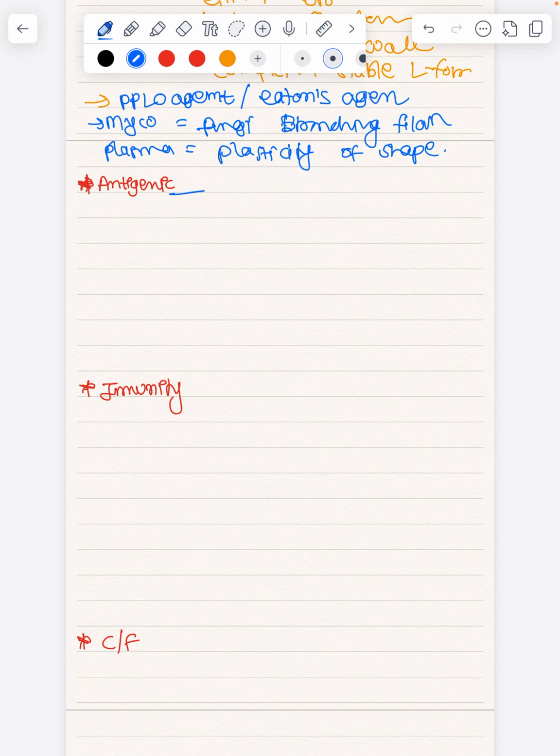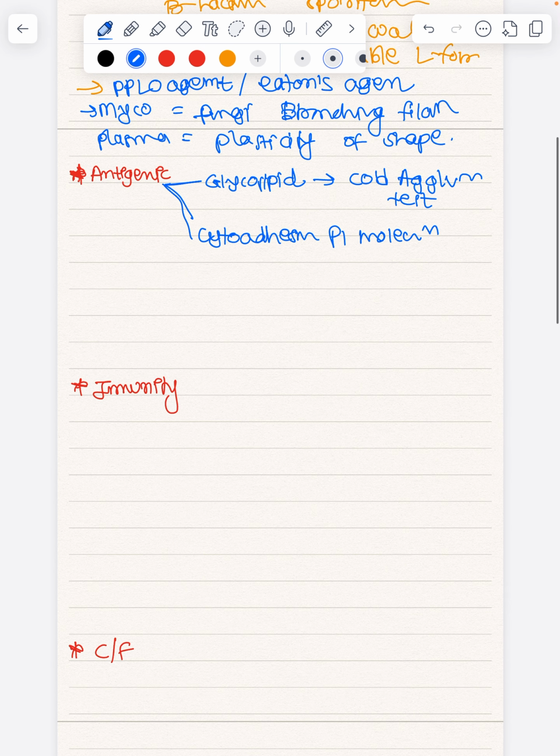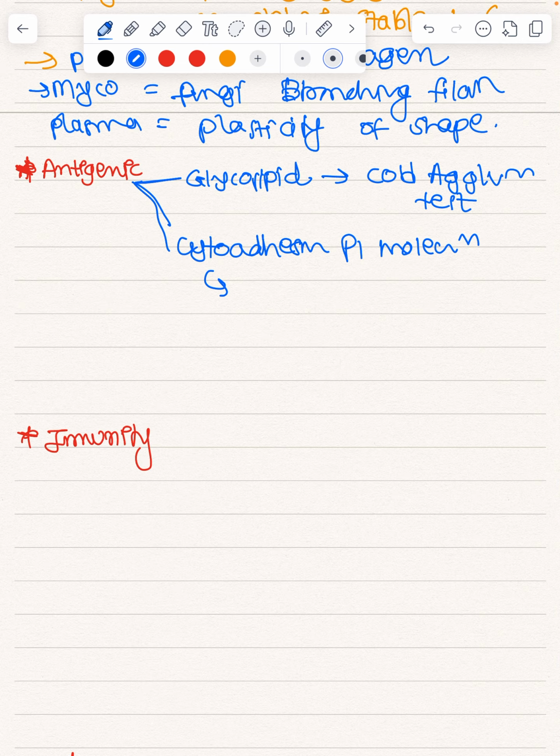There are two parts: glycolipid antigen and cytoadhesin P1 molecule. The glycolipid antigen is responsible for the cold agglutination test, but the cytoadhesin P1 molecule is responsible for adhesion or attachment to the respiratory tract mucosa.